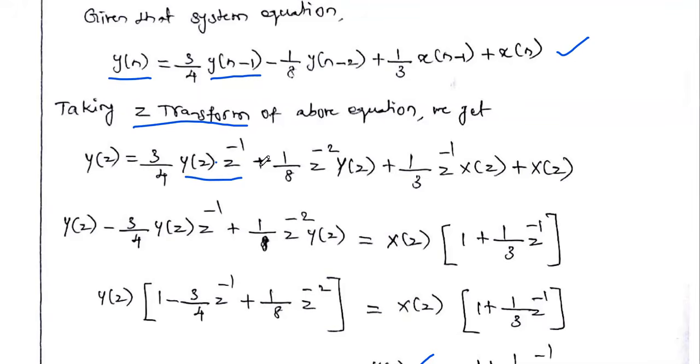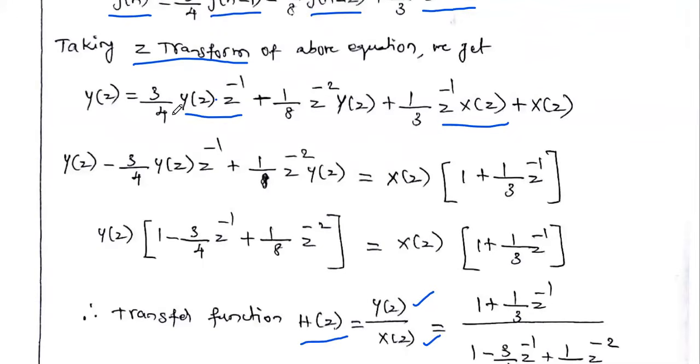Similarly, minus 1 by 8 times the z transform of y of n minus 2 is z power minus 2 into Y of z, plus 1 by 3 into the z transform of x of n minus 1 is z power minus 1 into X of z, plus the z transform of x of n is X of z.